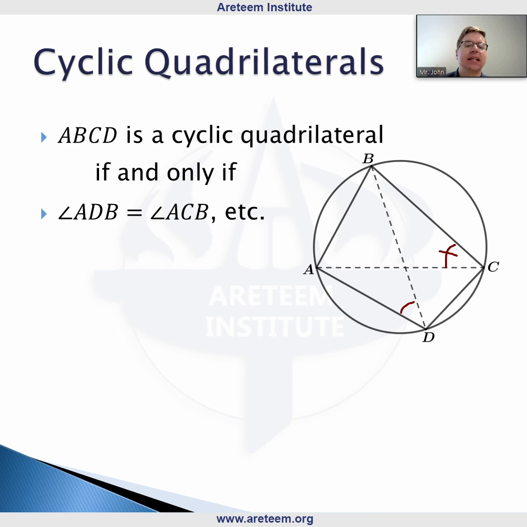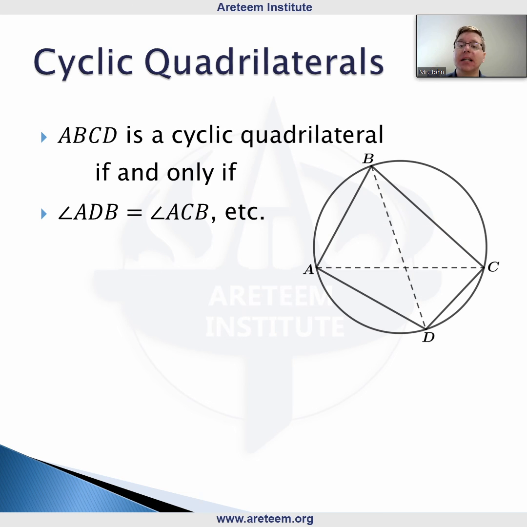Of course, that's an etc., because as I mentioned, any angles that share an arc have to be the same. And if you have a quadrilateral with that property, if we know that those two angles are equal, then it has to be a cyclic quadrilateral. That's the if and only if part of this statement.